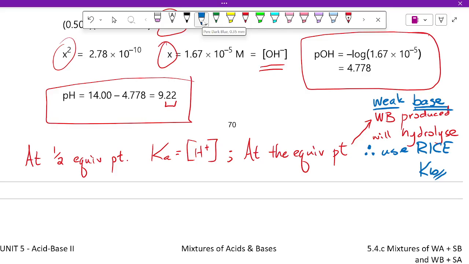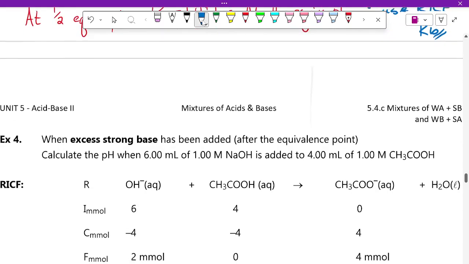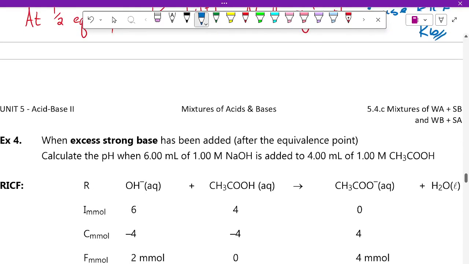I can't tell you any more ways than if it's base, use Kb. Base. Kb. B for base. Maybe that'll make you remember it because I stood up here like I was having some sort of weird seizure. I'm willing to do anything for your learning, almost.